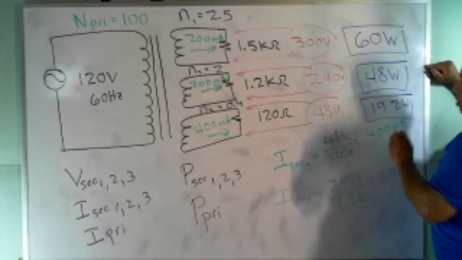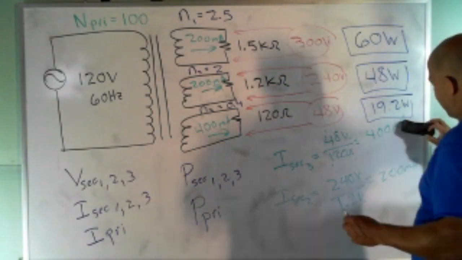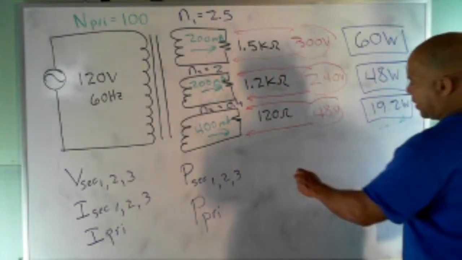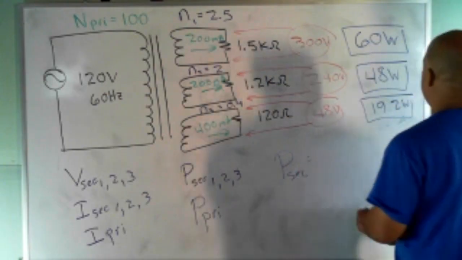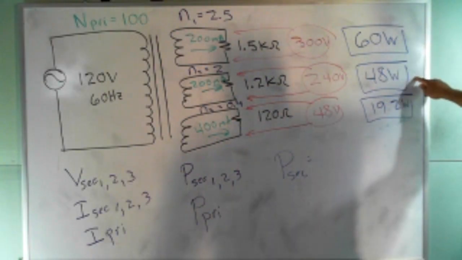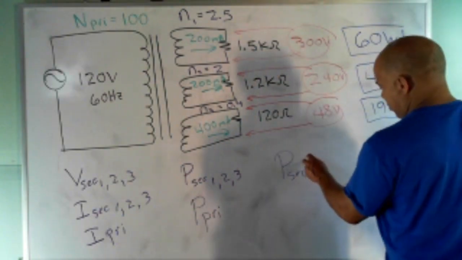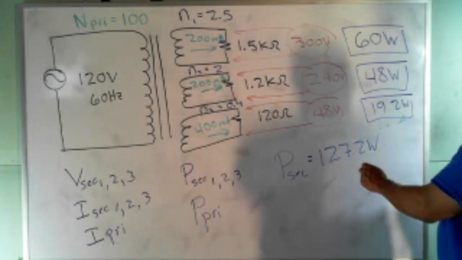All right. So P sec, if you add these up, 60, 48, and 19.2, give me a total. It's 127.2. Exactly.